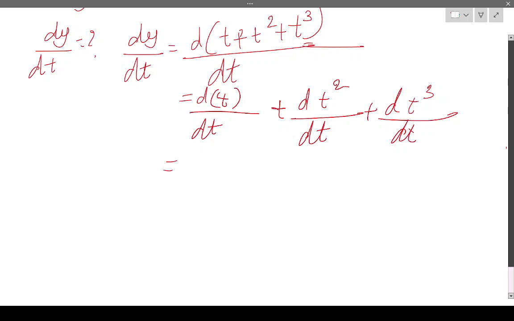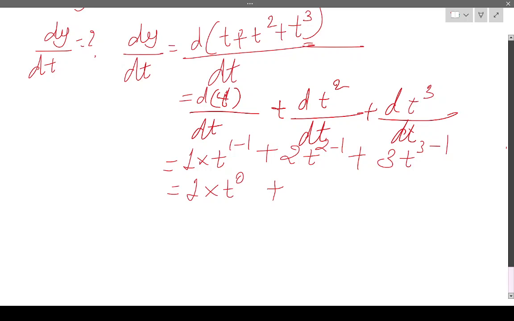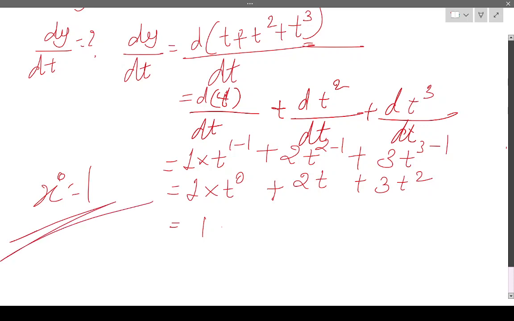This t power is 1. So this is 1 into t raised to 1 minus 1, plus 2 into t raised to 2 minus 1, plus 3 into t raised to 3 minus 1. This is equal to 1 into t to the power of 0, plus 2t, plus 3t squared. Any number raised to 0 is equal to 1.